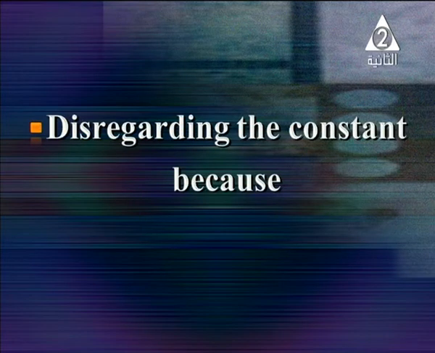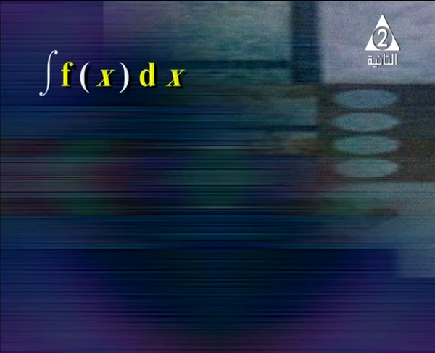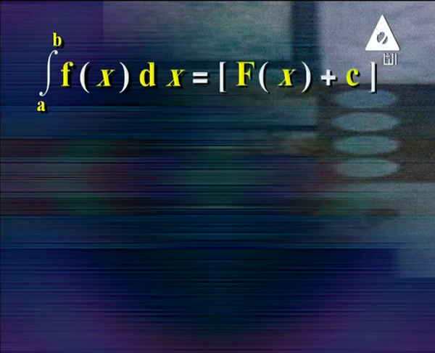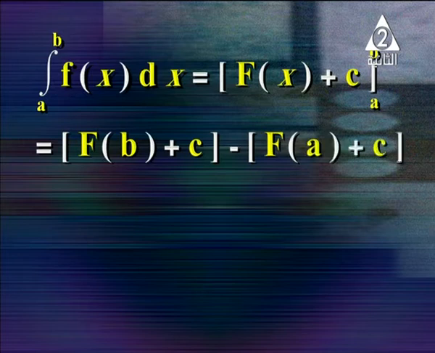we disregard the constant, because look, the integration of f of x from a to b with respect to dx equals F of x plus c from a to b.